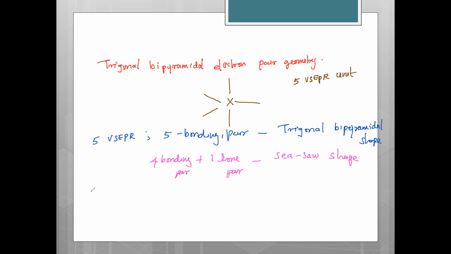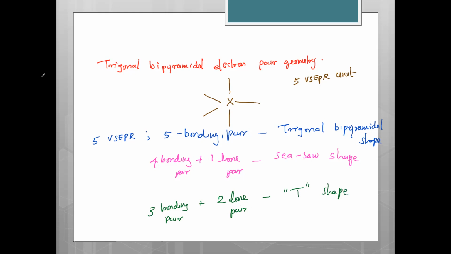If you have 3 bonding pairs plus 2 lone pairs, the shape is T shape.